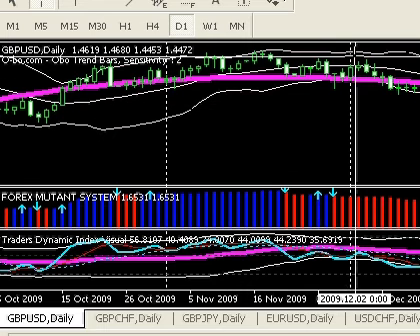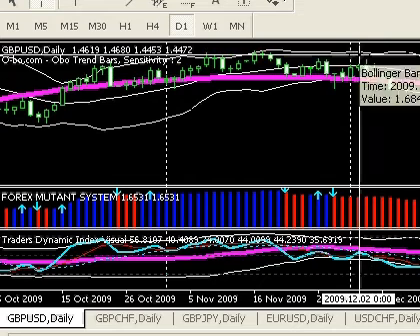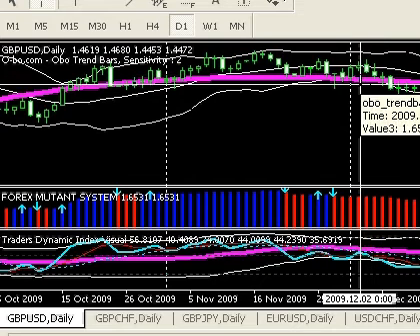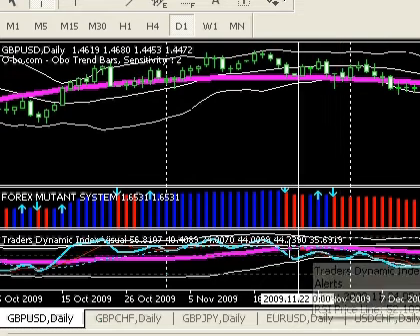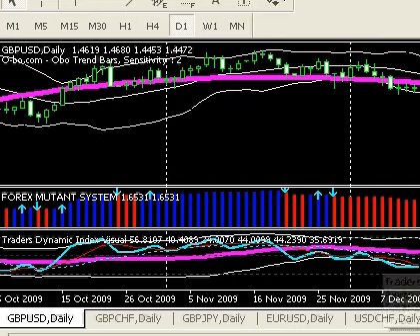If you look, they are over the three, and you see the price is under the main indicator. You see these two, red and blue, they are under, and the trend bars are red, indicating a downtrend.